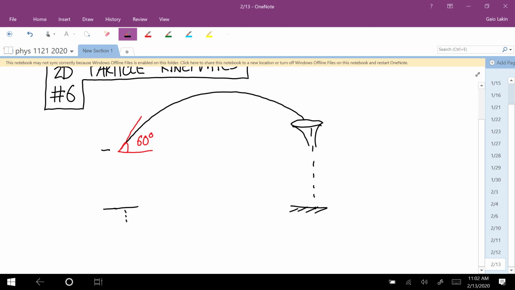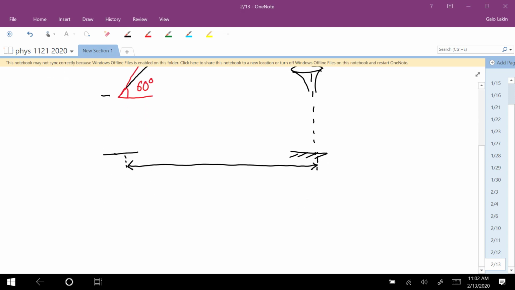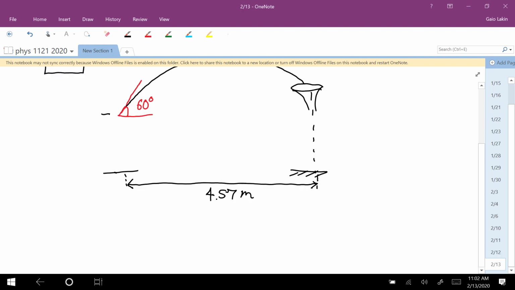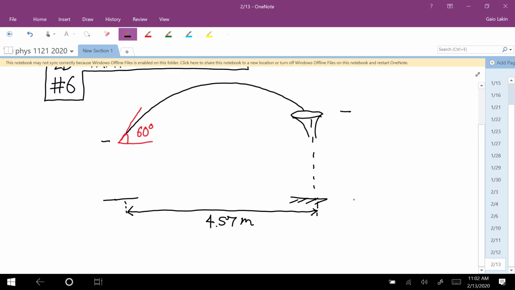And we know the horizontal distance from the shot to the basket. That is 15 feet. That's a free throw distance. What is that in meters? Anyone remember? 4.57 meters, and then the height is 10 feet, and that is 3.05 meters.